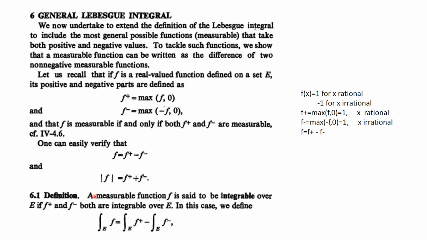So the definition says a measurable function f is said to be integrable over the set E if both these functions are integrable. Moreover, the value of this integral will be the integral of this minus the integral of this. Similarly, the integral of mod of f will be the integral of this plus the integral of this.